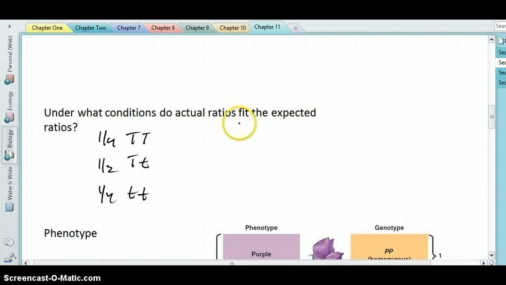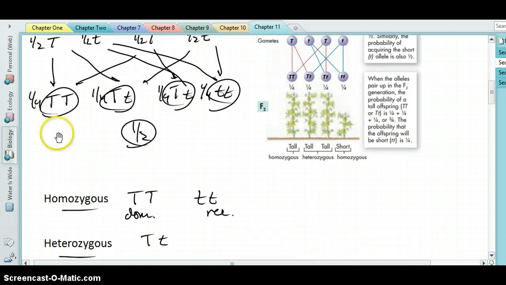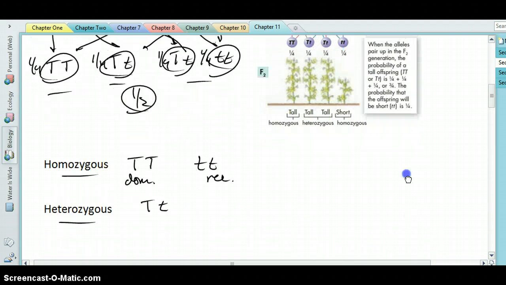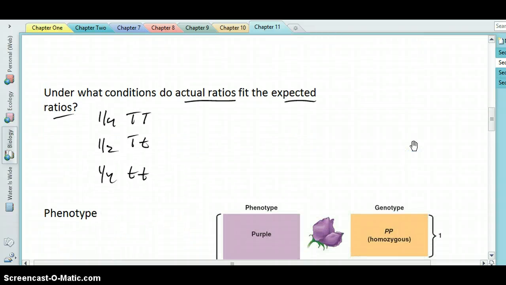But when do the actual ratios, what you get in the offspring, fit the expected ratios? These are the expected ratios right here, okay? When do the actual proportions of offspring match the expected? Well, when you have lots of kids, okay?